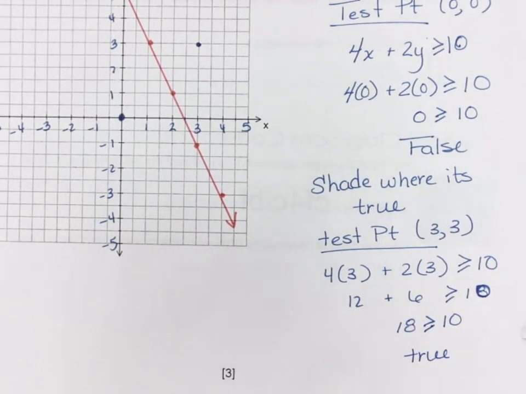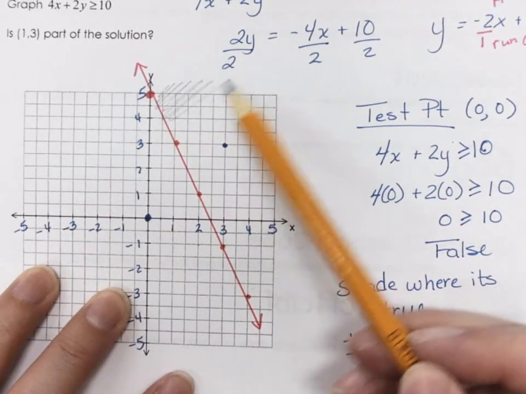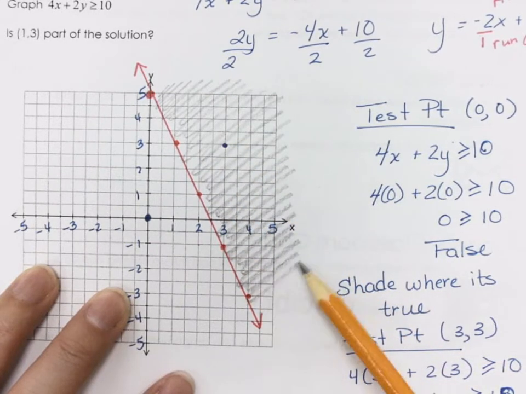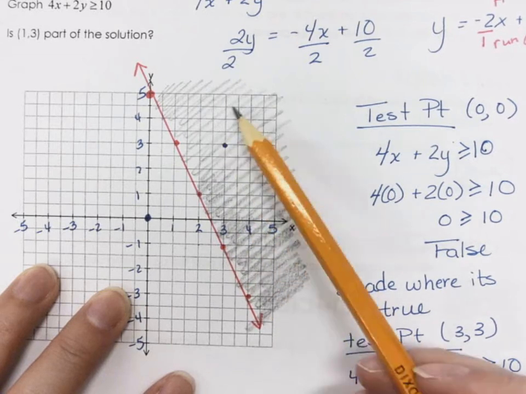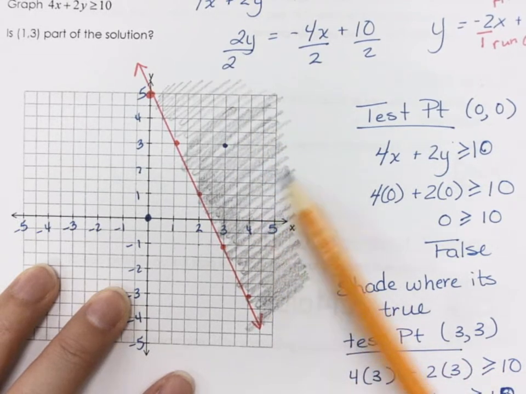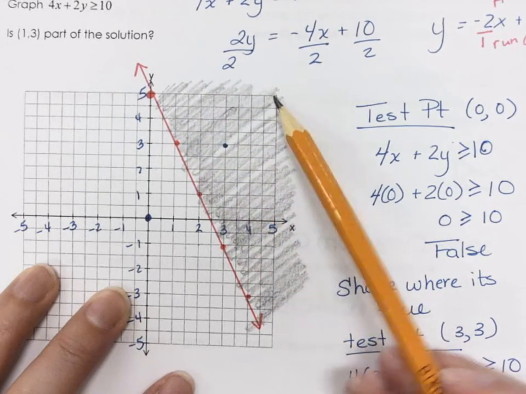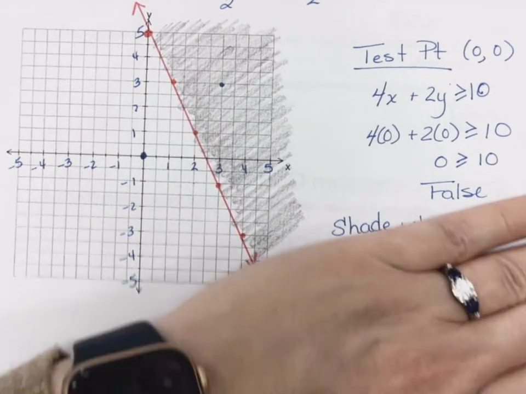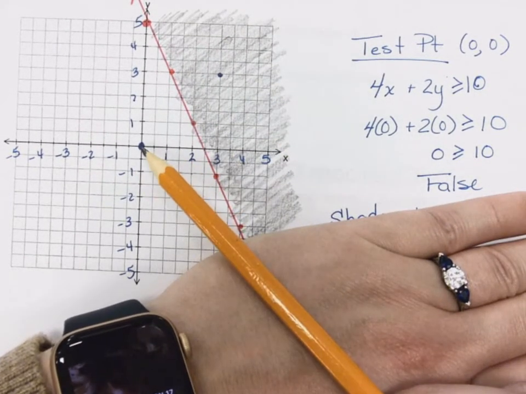So what we're going to do is we're going to shade on the side of the line that is true. So I'm getting my handy dandy pencil out, and I'm going to shade this side of the line. Now I will tell you, if you get a test point that's false, and you trust your math, and you've done everything correctly, if you stopped there, that would be fine, because you know that this point doesn't work.